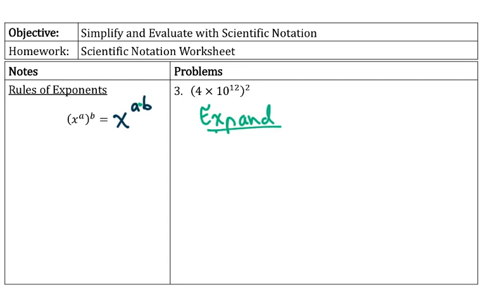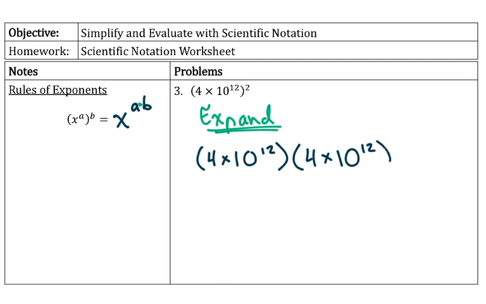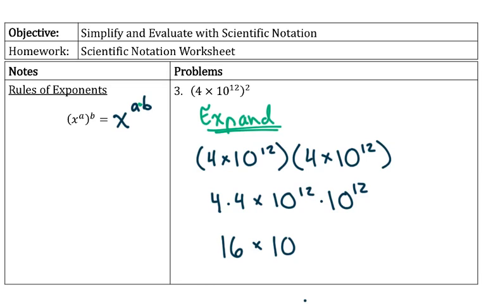What I mean by that is take 4 times 10 to the 12th, and if that's squared, that just means times itself again. By expanding, you've turned it into a multiplication problem, which is just 4 times 4 and 10 to the 12th times 10 to the 12th, which would be 16 times 10 to the 12 plus 12, which is 24.